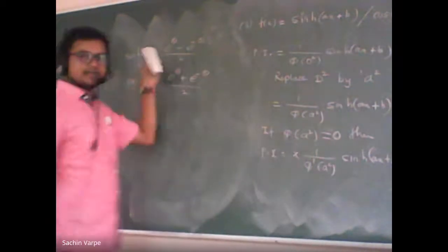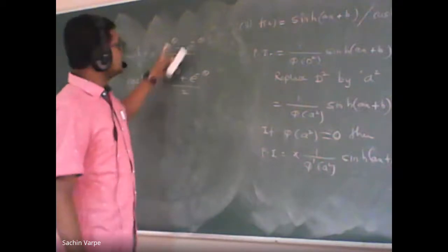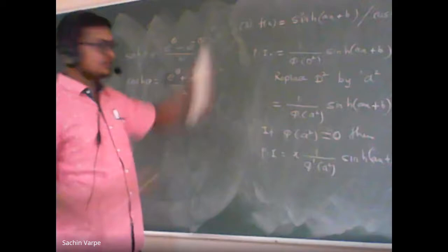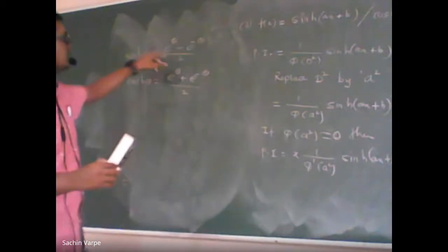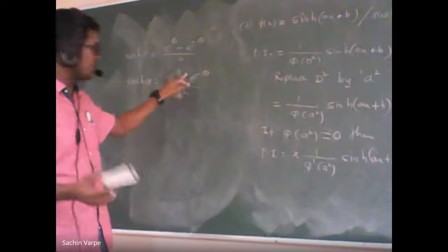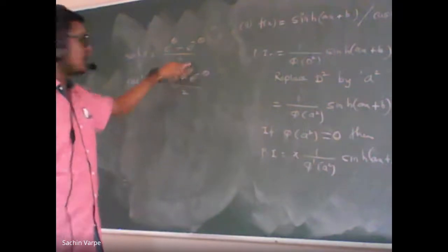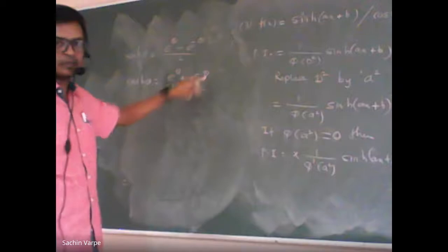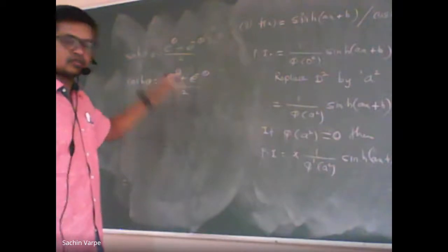And even for the normal sine and normal cos, we have these as complex functions: sine of theta is e raised to i theta minus e raised to minus i theta upon 2i, with i in the denominator also. And cos of theta is e raised to i theta plus e raised to minus i theta upon 2. So these are the trigonometric functions.